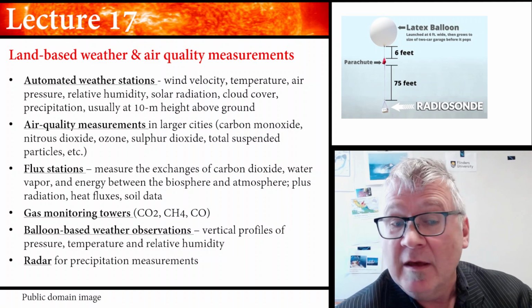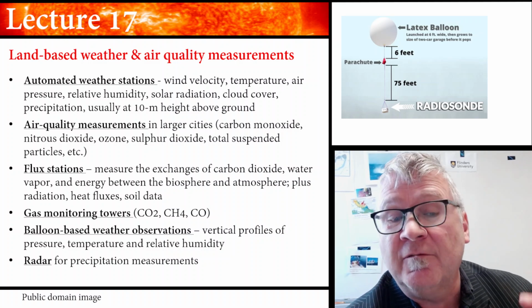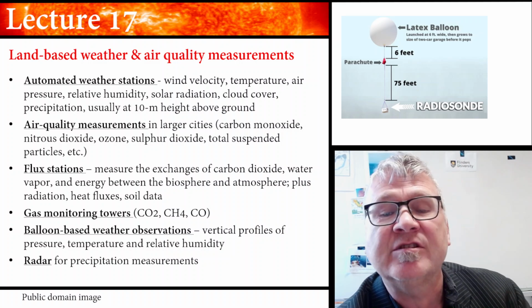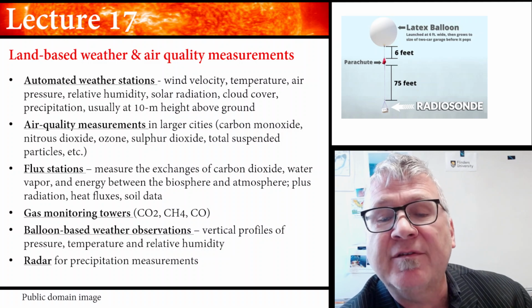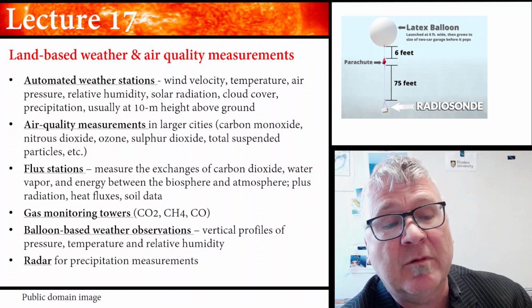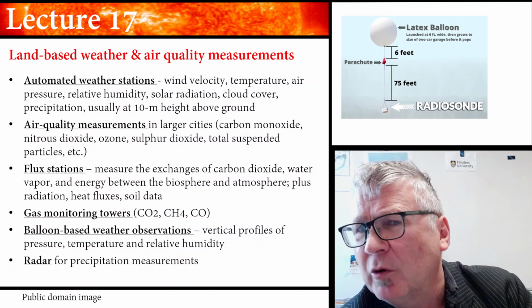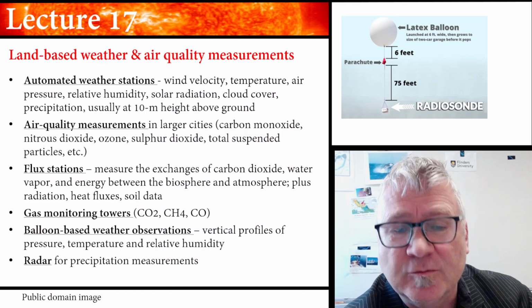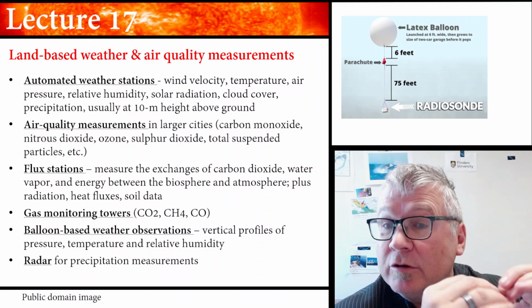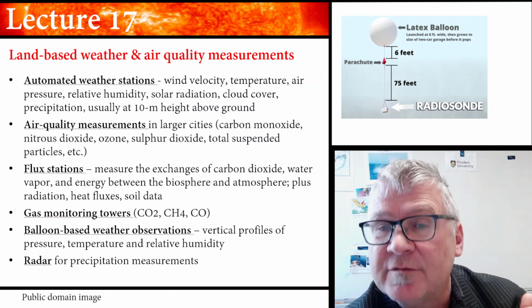We have flux stations, and flux stations measure the exchanges of carbon dioxide, water vapor, and energy between the biosphere and atmosphere. We have radiation measurement, plus soil data. Soil measurements are often available too. And here it's all about the fluxes at the surface.